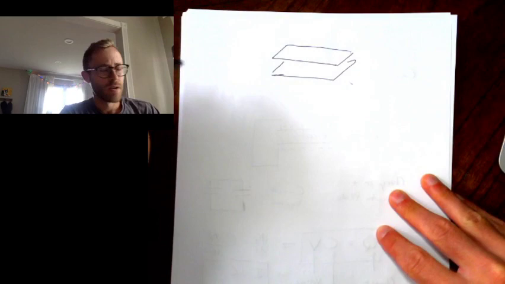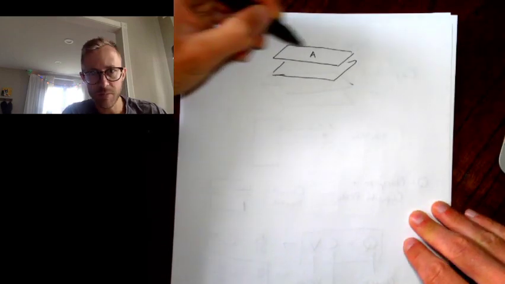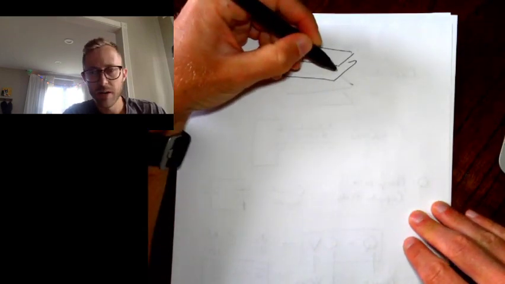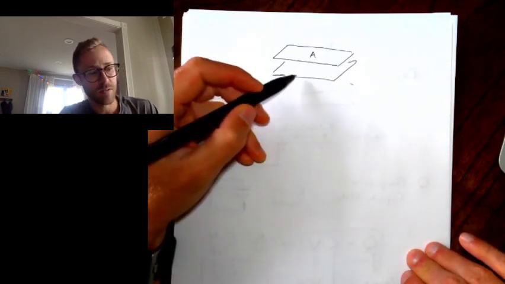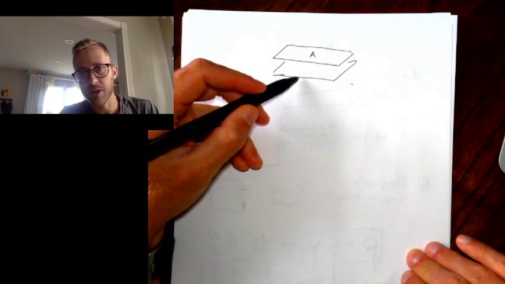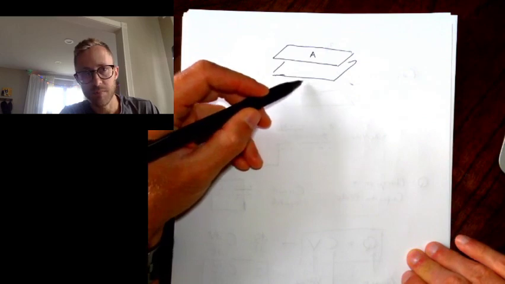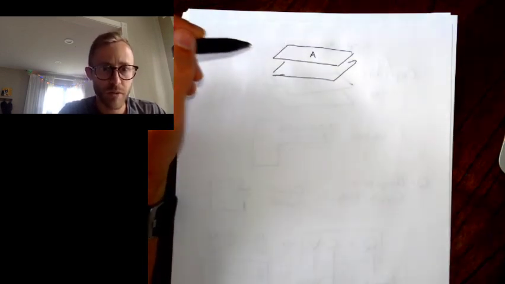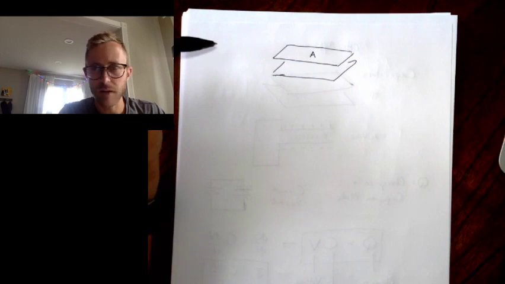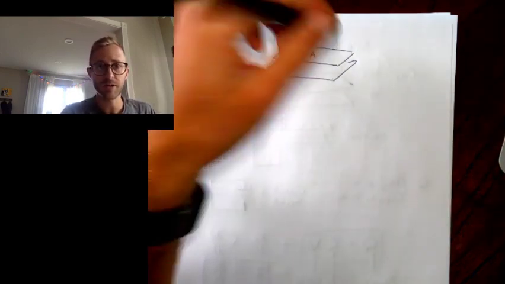So A is the area of one of the capacitor plates, which is assumed to be the same as the area of the other capacitor plate. So they both have the same area. So it's just length times width, or I don't know, pi r squared if it's a circular capacitor.